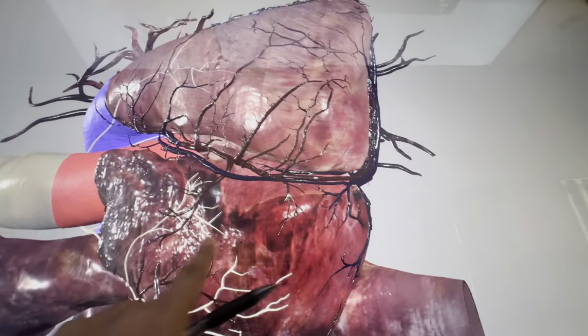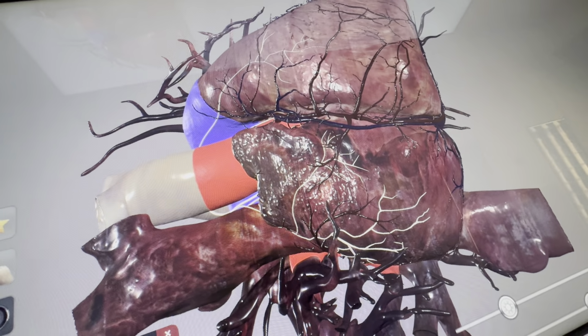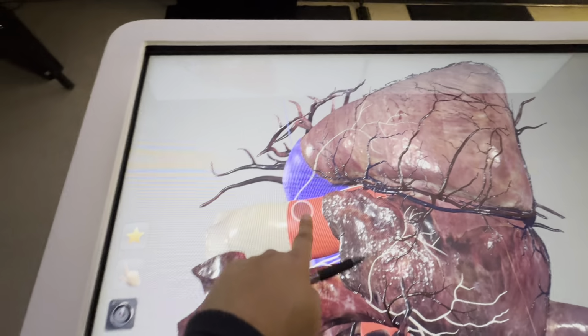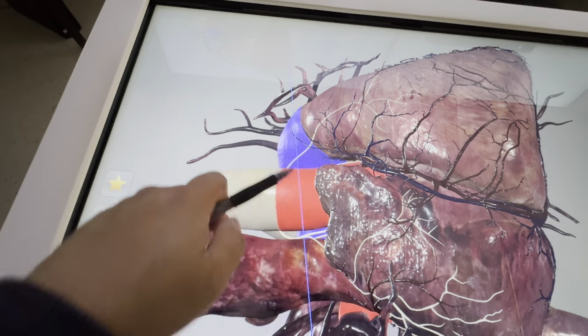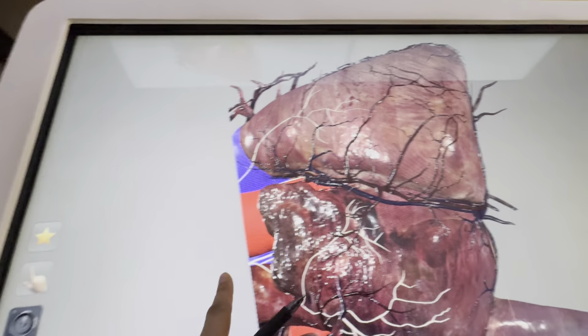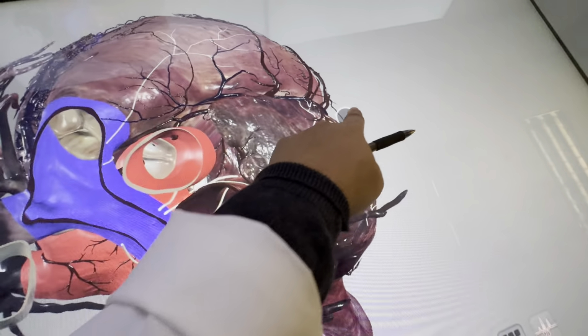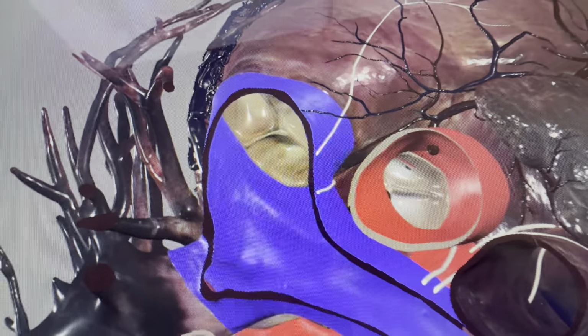Now let's look at your semilunar valves. So if I cut along this way, along your pulmonary trunk and your aorta, now here, there's a hint. It's colored.